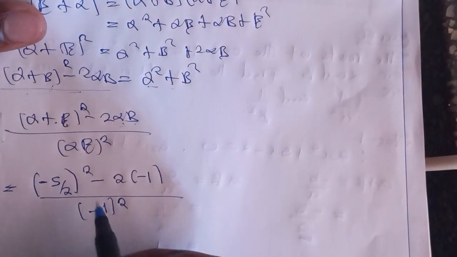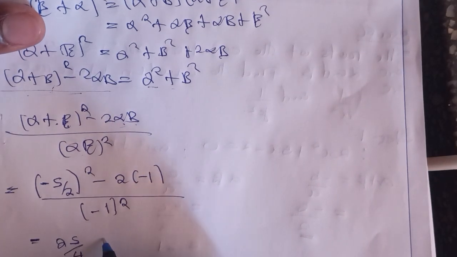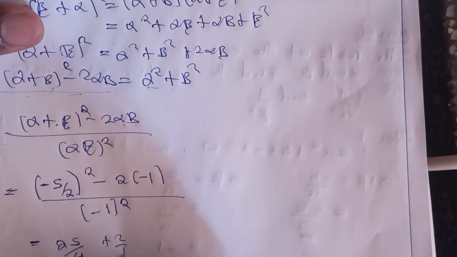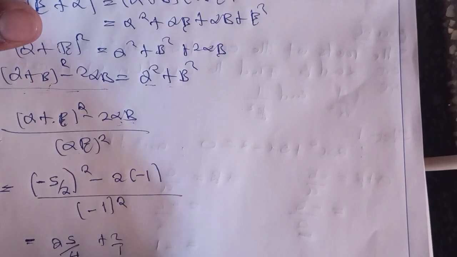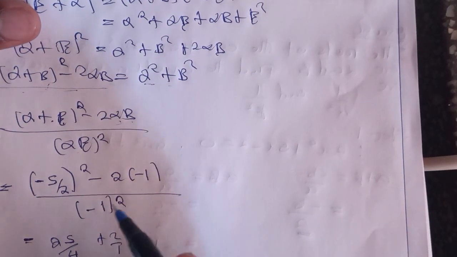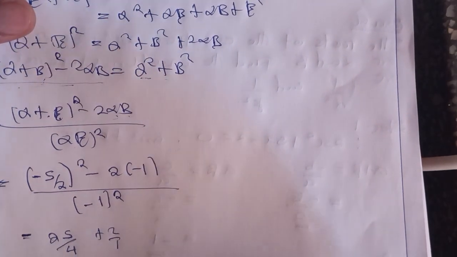Working this out, we're going to have 25 over 4 plus 2 over 1. We're dividing by 1, which is the same as itself, because negative 1 squared is positive 1, so nothing will change. So we just have the numerator to work with.